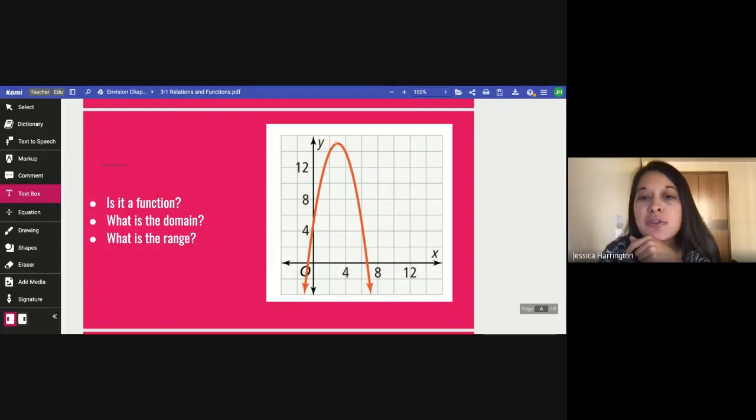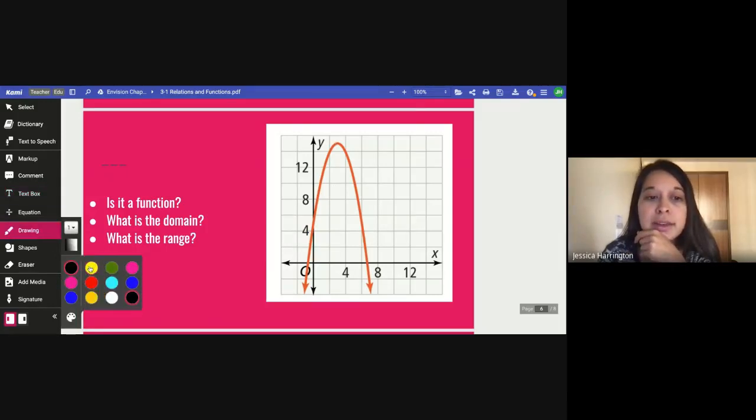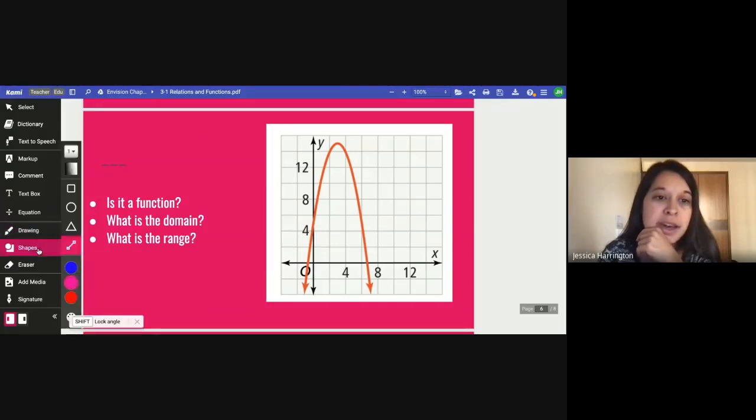It looks like it might be true because there's this thing called the vertical line test. What that means is if I draw a vertical line, right? Let's get a yellow one here. If I draw a vertical line at any point on the graph, it's hard to see.